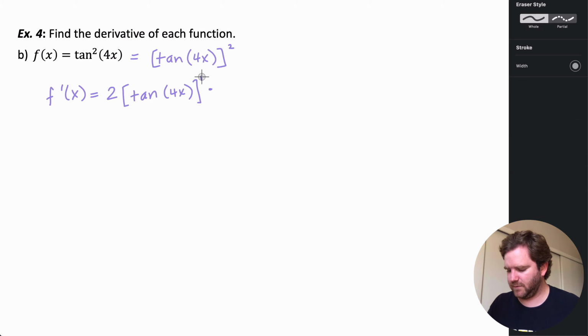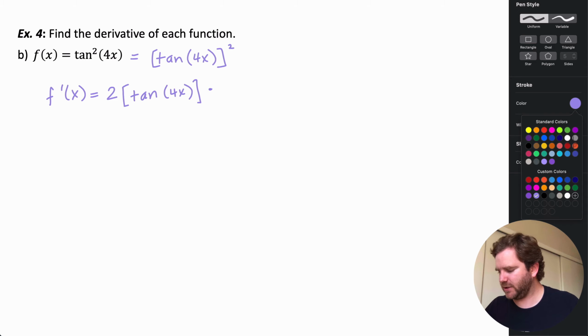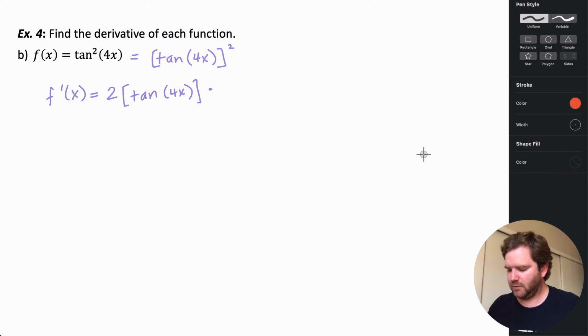Well, what is the derivative of the tangent of 4x? Well, again, we have to use the chain rule again. So if we look at the outside function, we've already taken care of this one, so now we're just focusing on this. So the derivative of the outside function is the derivative of the tangent, which is secant squared, leaving the inside alone, which is 4x, times the derivative of the inside.